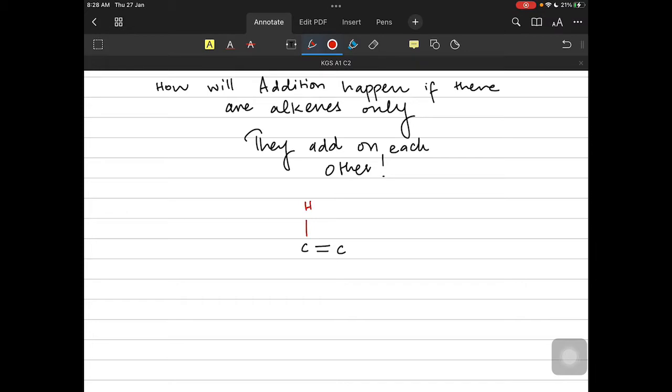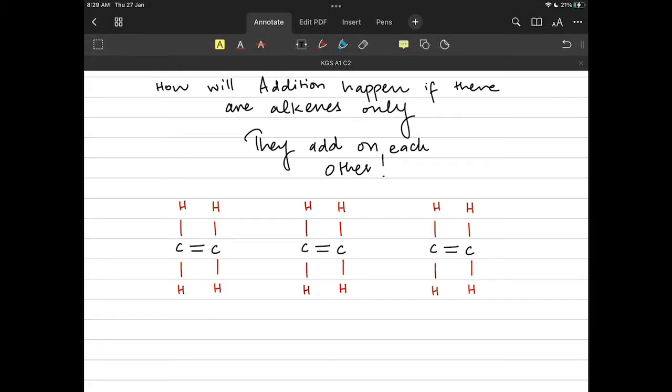Imagine I am drawing the simplest of the alkenes, the ethene molecule. It has two carbon atoms over here, so that's why obviously it is the ethene molecule. I have three replicas of the same ethene molecule, and I am highlighting them with differently colored pens.